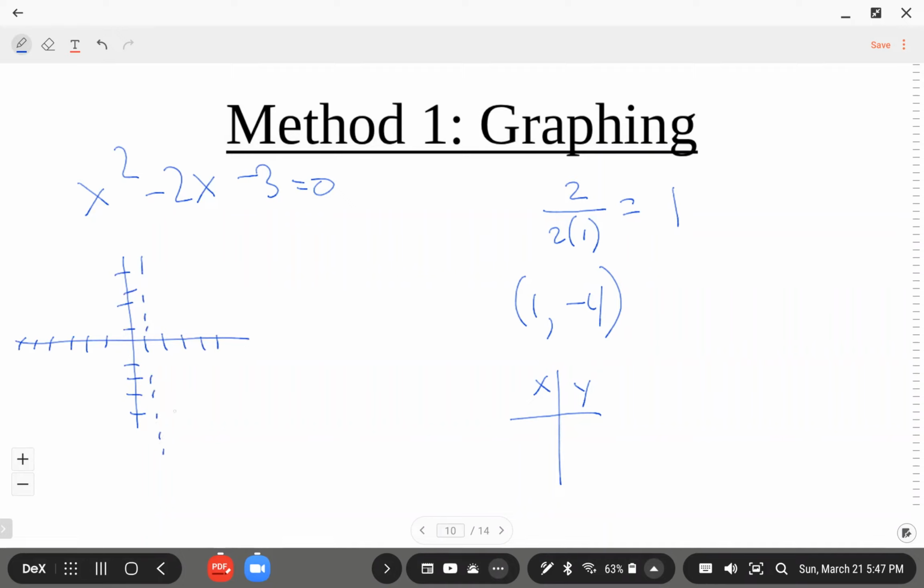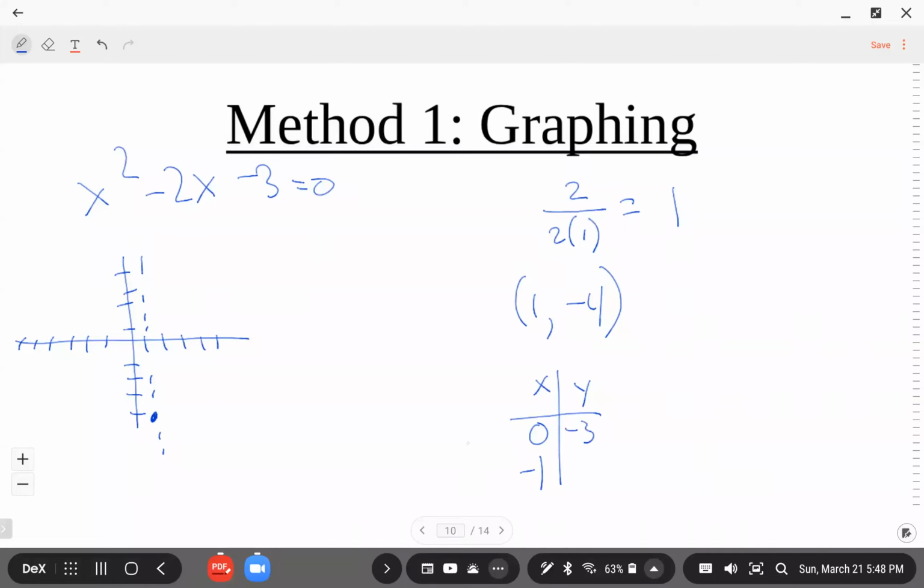The vertex is negative 4 right here. What are some points that are close to 1? 0 and negative 1. If you plug 0 in here, it's going to be 0 squared minus 0 minus 3. It's going to be negative 3.